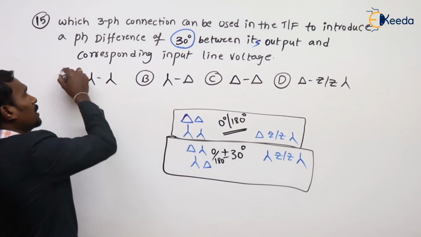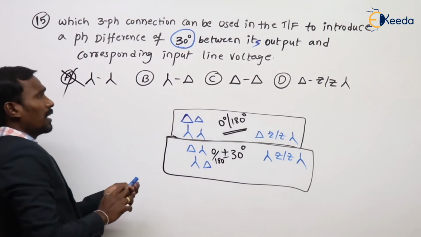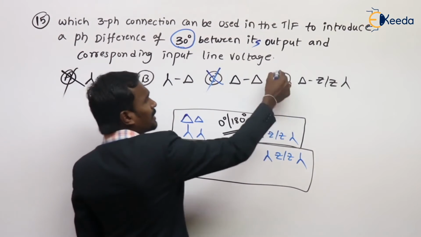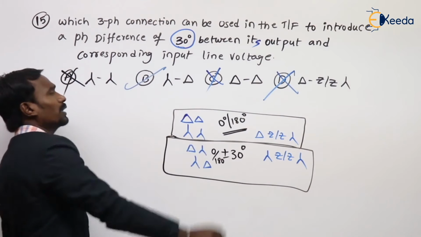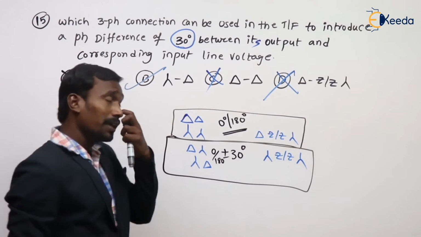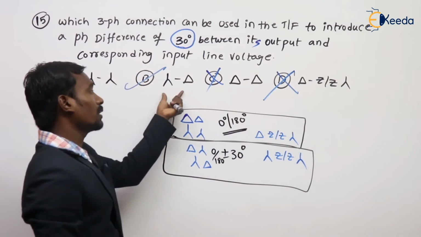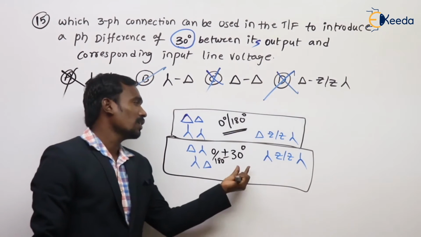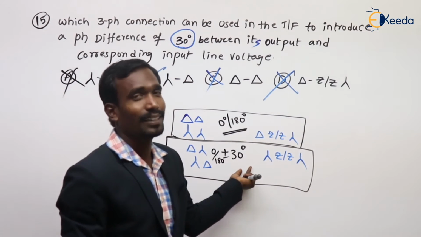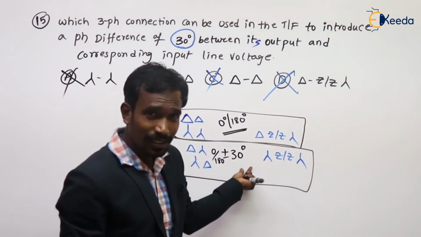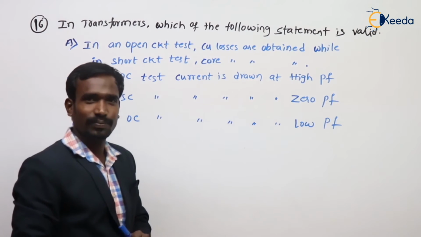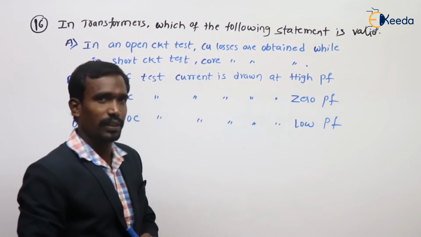In star star not possible, in delta delta not possible, in delta zigzag star not possible, only possible in star delta. In the given question, it is possible only for star delta because we saw each and every connection and its angles, right?